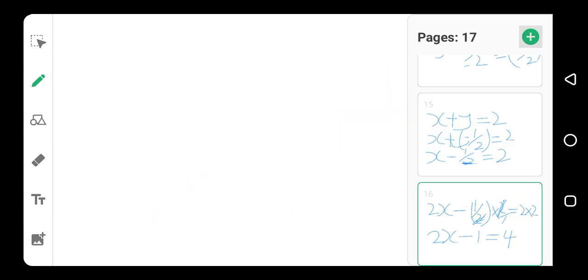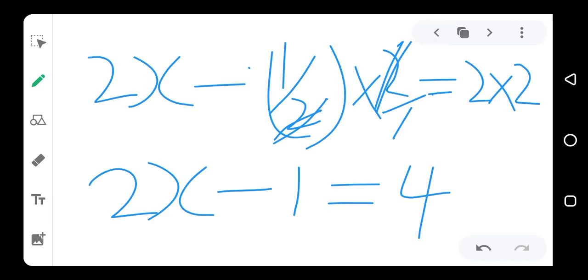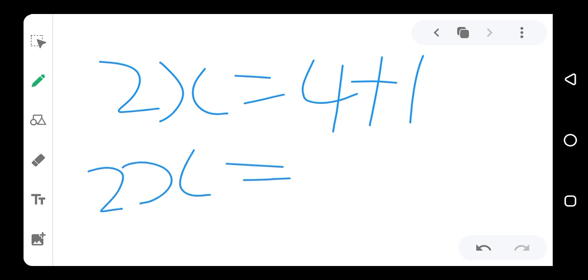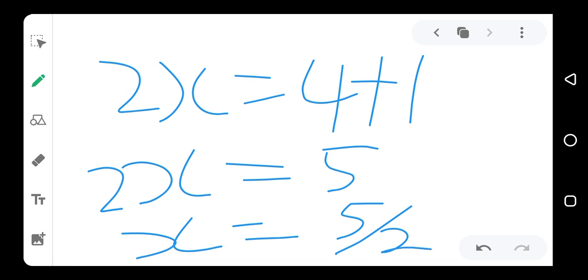Now from this, if we collect like terms, this one will come to this side. It becomes 2x is equal to 4 plus 1, and 2x is equal to 5. So x is equal to 5 over 2, which is what we got before.